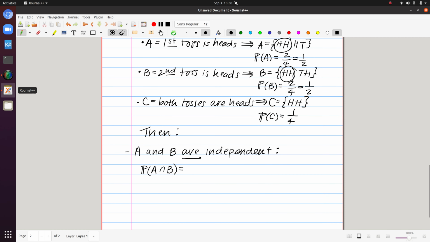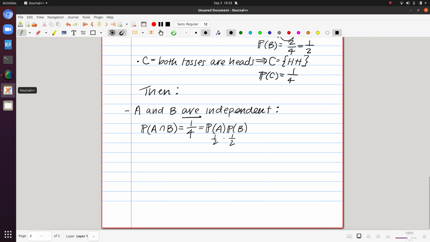Computing the probability, just brute force as we call it, by actually counting the outcomes that fall into both A and B, I get 1/4. That's also equal to the probability of A times the probability of B, right? That's 1/2 times 1/2. Because these two things are equivalent, that's enough for me to conclude that A and B are independent.